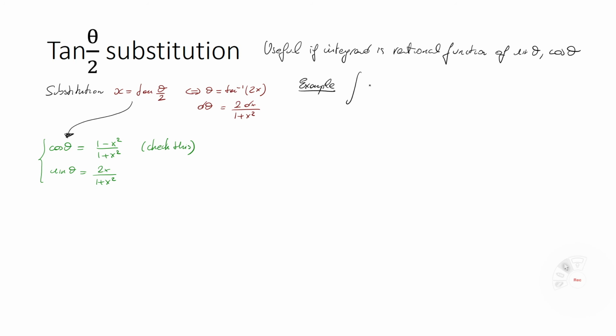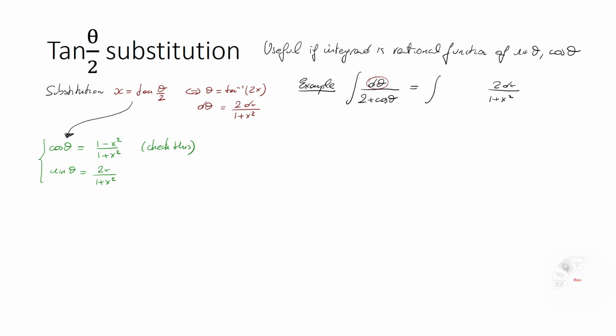Let's take the integral of d theta over 2 plus cosine theta. So this is not necessarily an integral of the form that we've seen before, but we can use our toolbox. So we make the substitution x equal to tan theta over 2. And then we know that d theta becomes 2 times dx over 1 plus x squared. So I'll write that here.